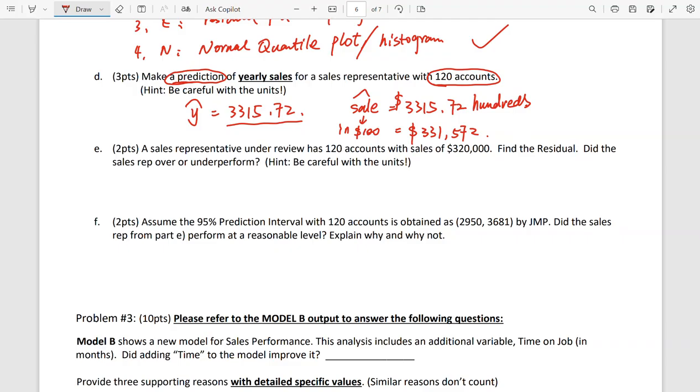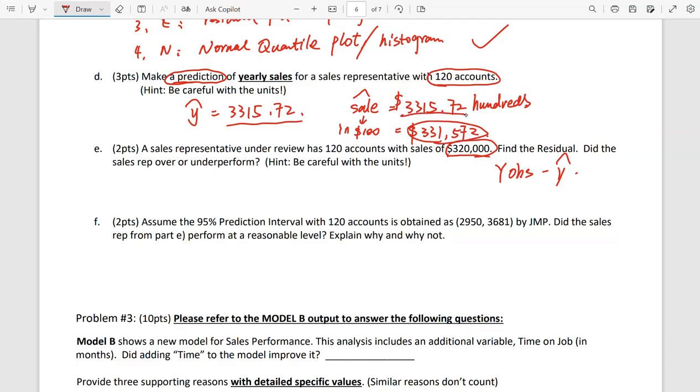A sales representative under review has 120 accounts with sales of this much. Now find the residual. So how to find the residual? The observed y minus the predicted y, right? So the observed y is this much, the predicted y is this much, so then you have the residual.